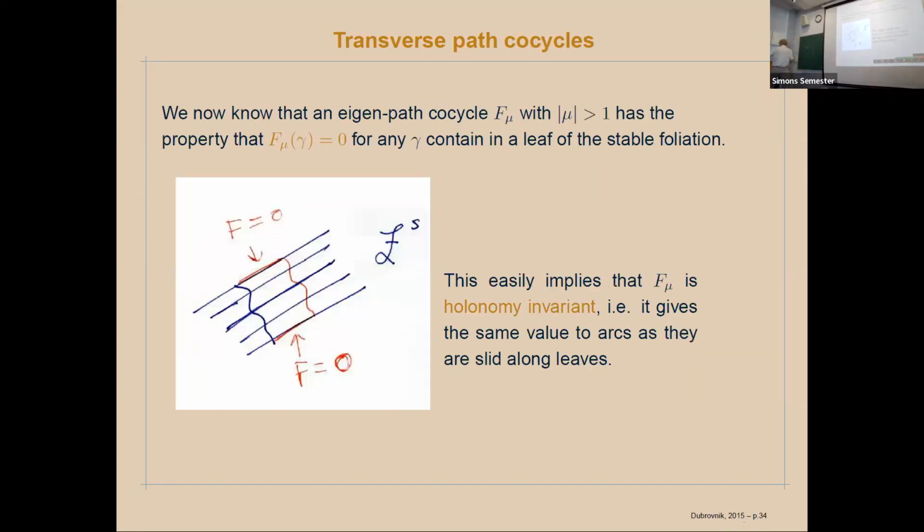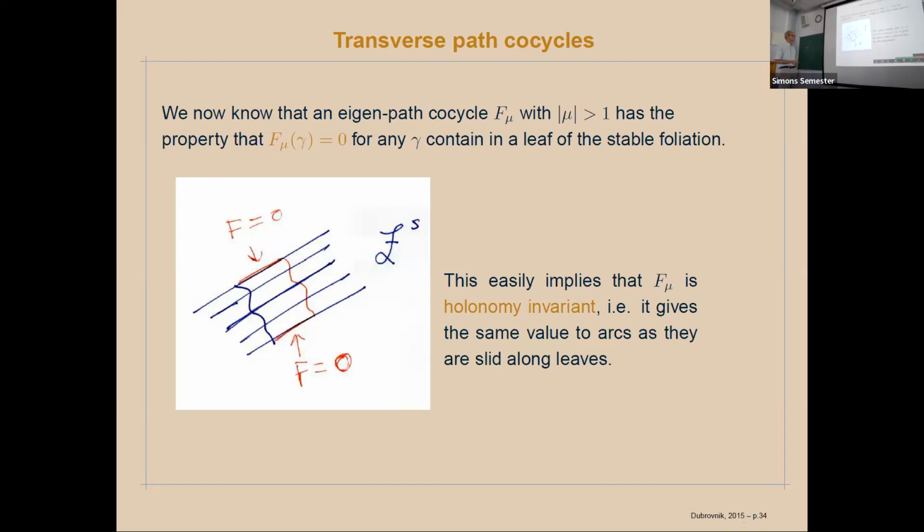All right, so what does this mean in terms of the usual language of foliations? It tells us that we're 0 in here. So if we have an arc and we holonomy it, this arc goes to this arc, but this must have the same value, but these guys are 0, so this has the same value as this.